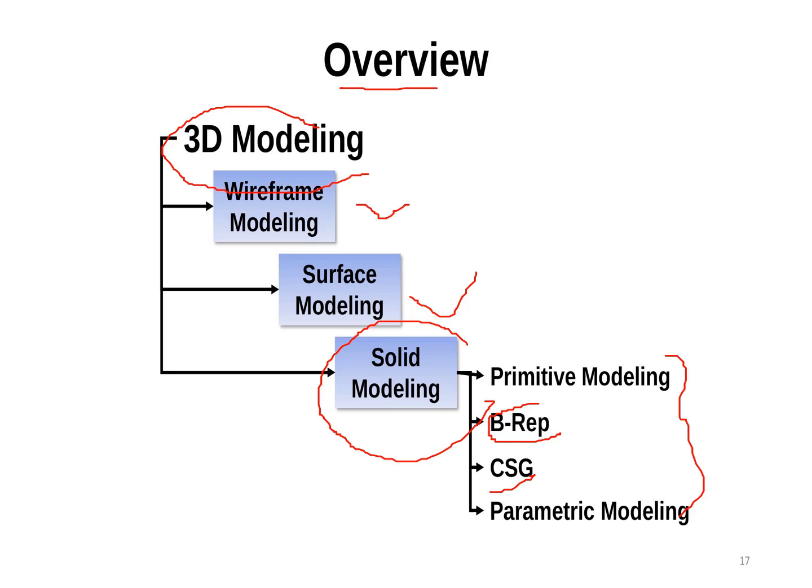If you still remember, we have three types of Boolean operation that we have learned: union, difference, and intersection. And also we have parametric modeling, which allows changes through parameters and constraints. And this one is ideal for design update.